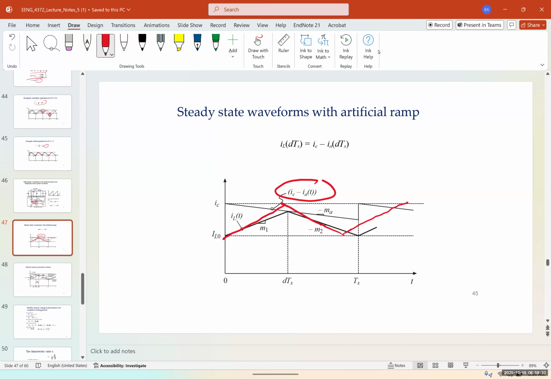When you have the artificial ramp, instead of the current hitting the max here, it's going to hit the max here. If you continue this, you can see that we can compensate using the artificial ramp.